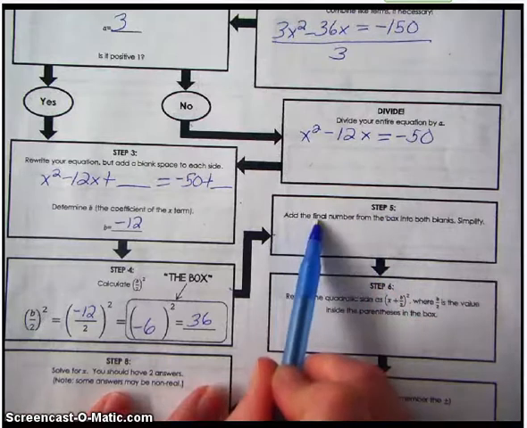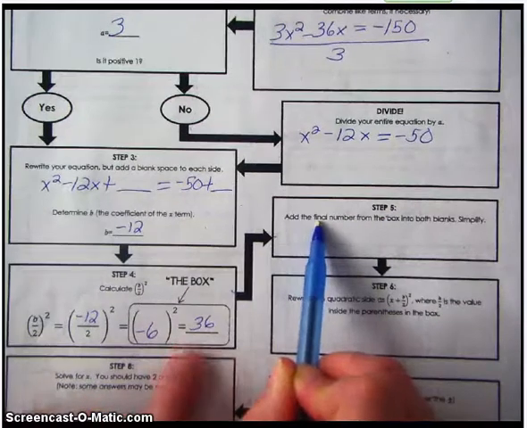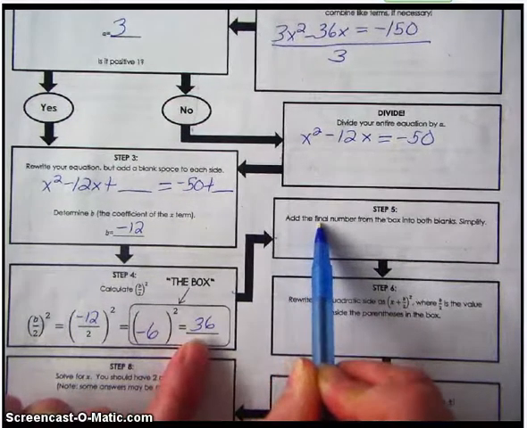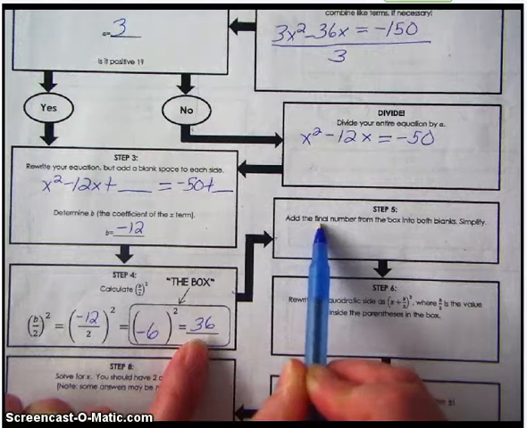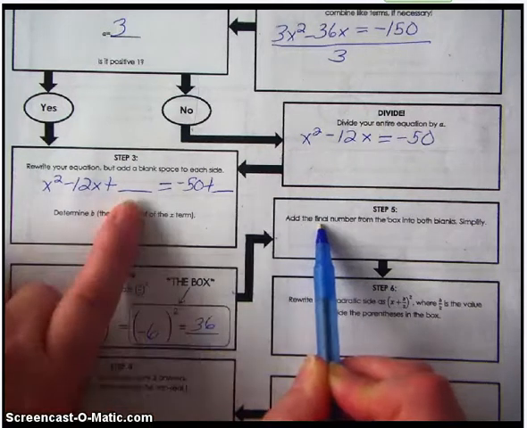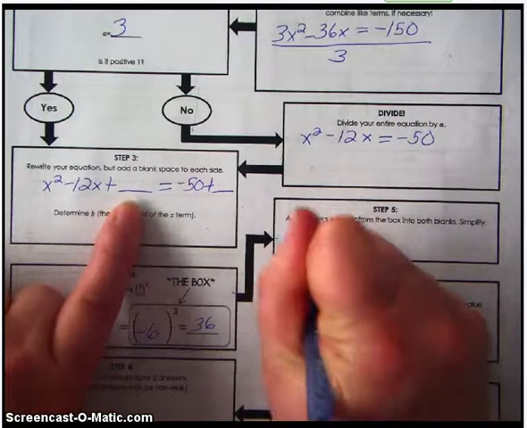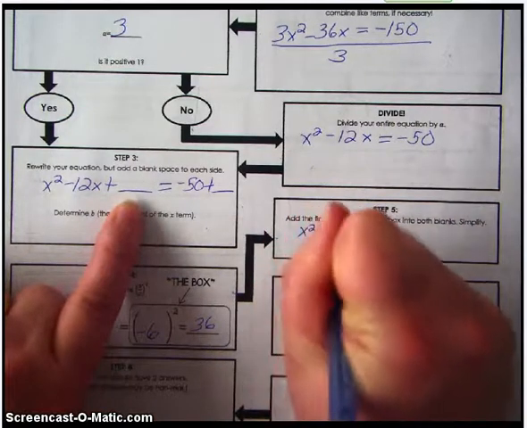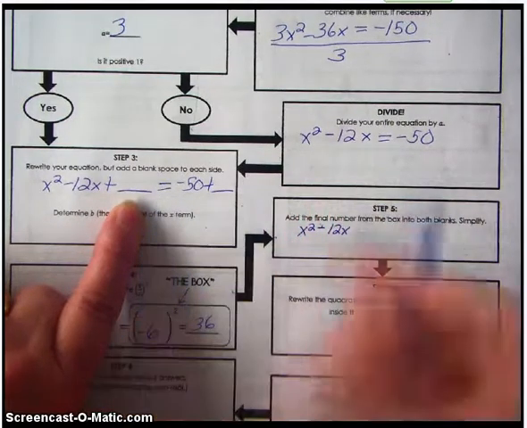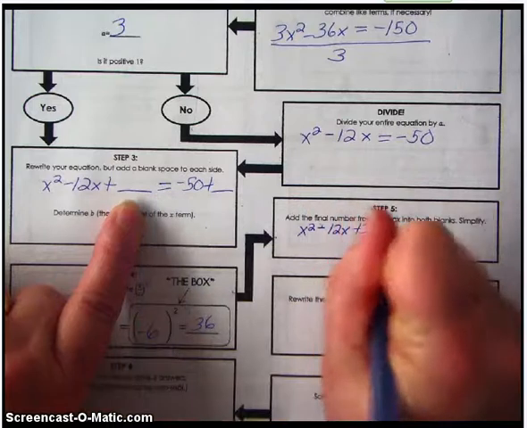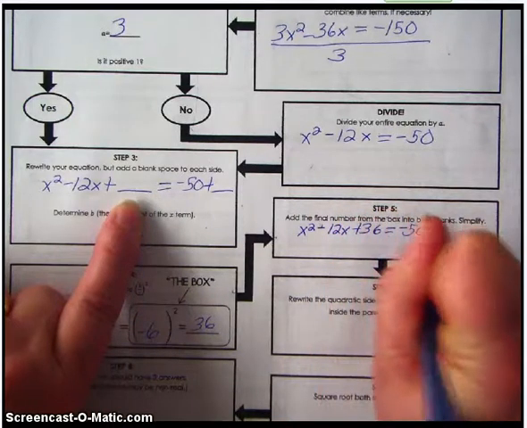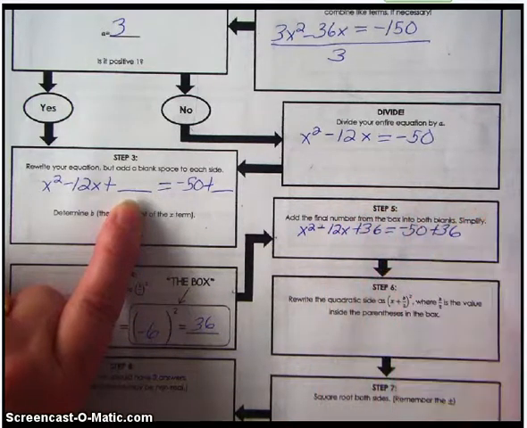Add the final number in the box to both blanks. So here we have the blanks. I've got x squared minus 12x, and then in the blank I'm putting plus 36, equals negative 50 plus 36.